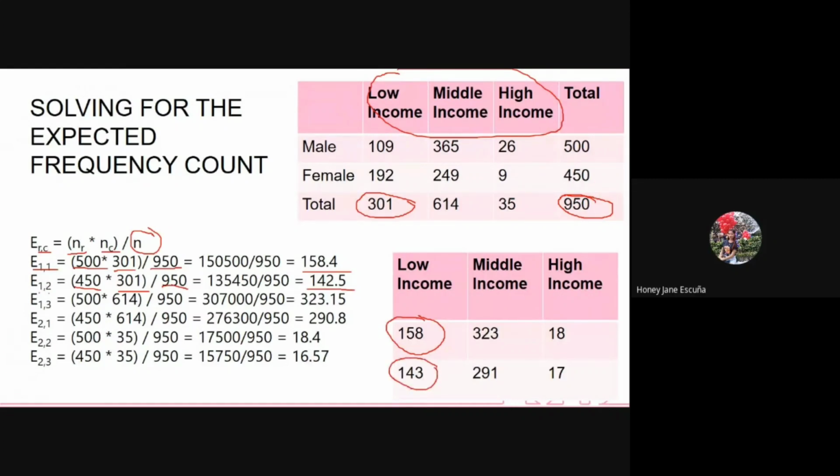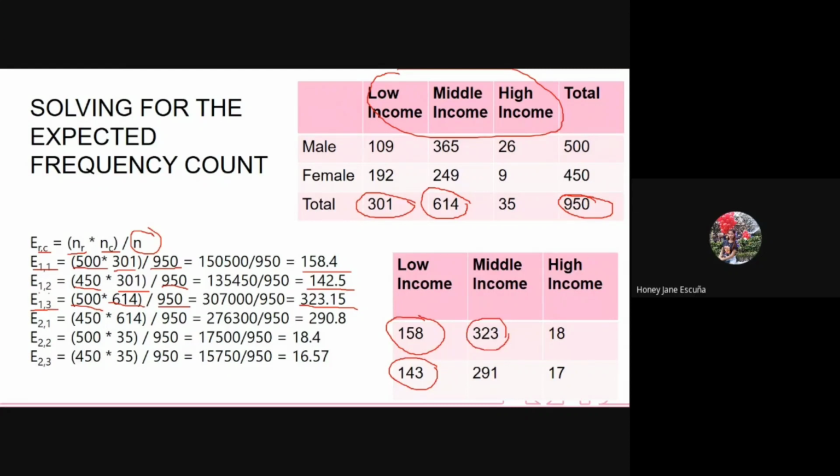Next, R1 level 3 equals 500 total males times 614 for our total middle income from both male and female divided by 950 total sample size, which equals 323.15. Rounded off, we have 323.